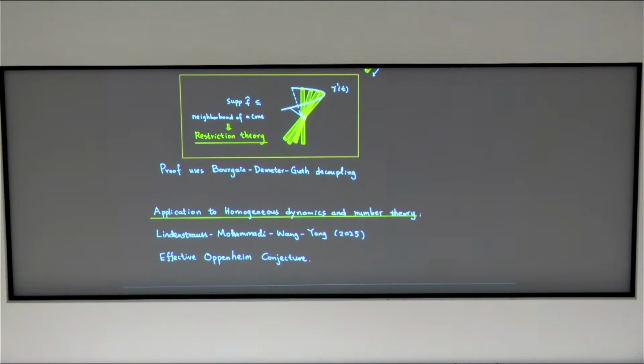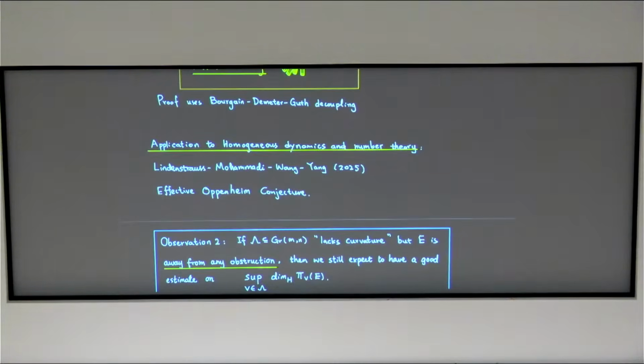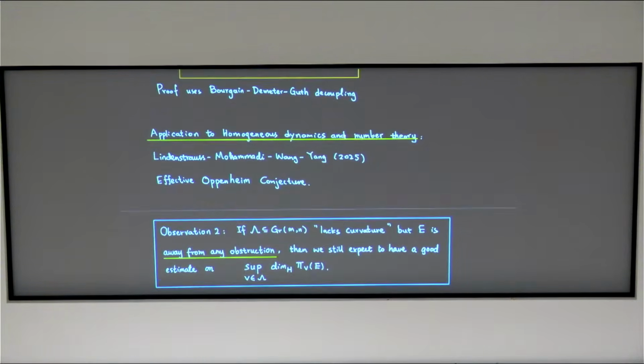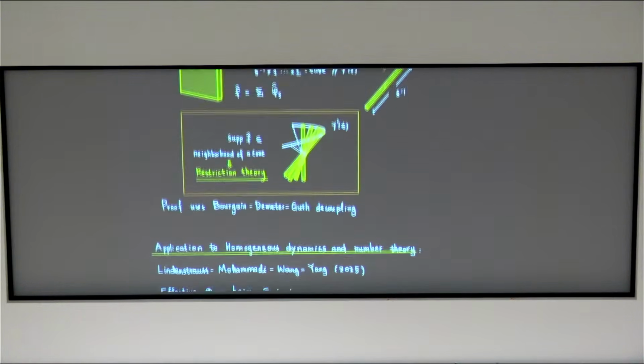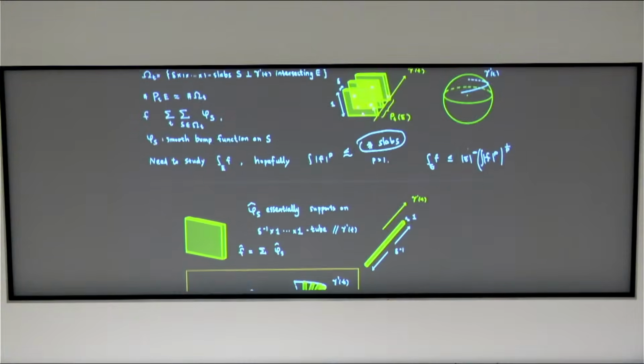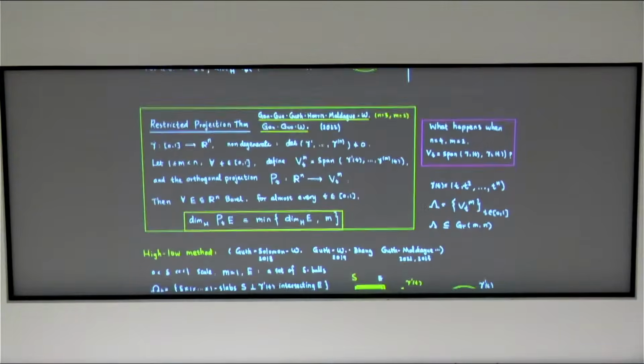So the restricted projection theorem we have seen has applications in homogeneous dynamics and some number theory problems. So that's the first part of the discussion on restriction and projection theory. Let me try to go back to the theorem.